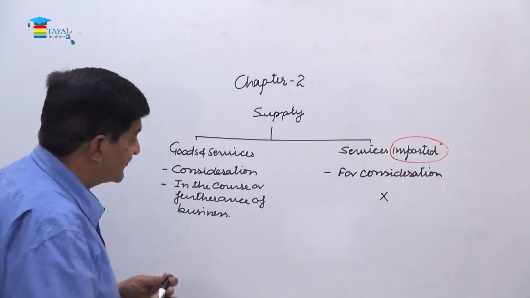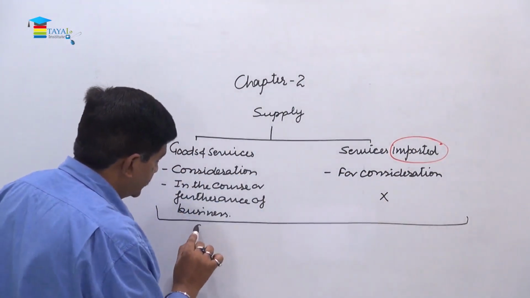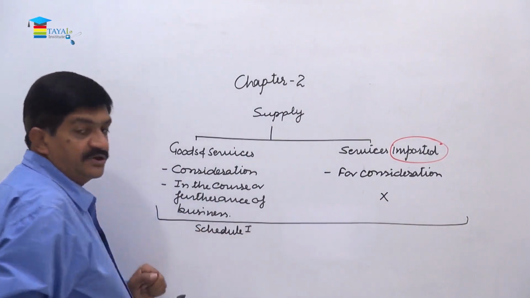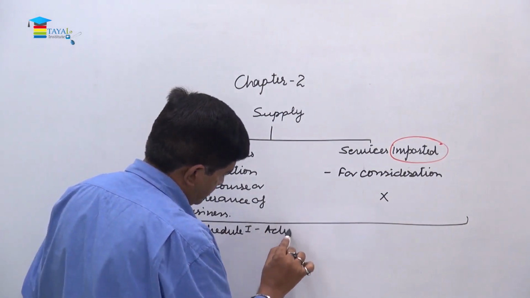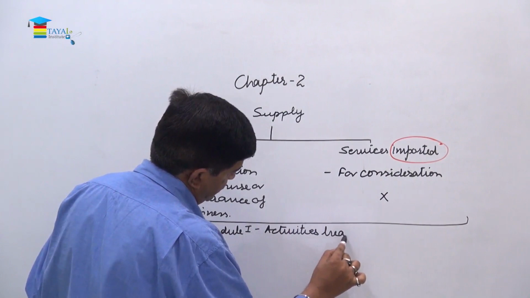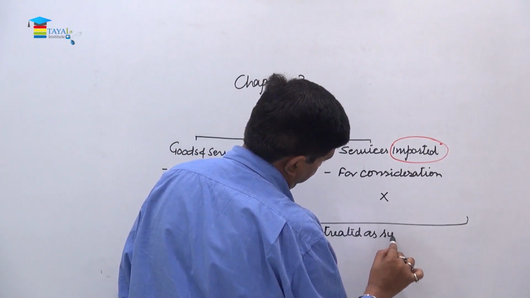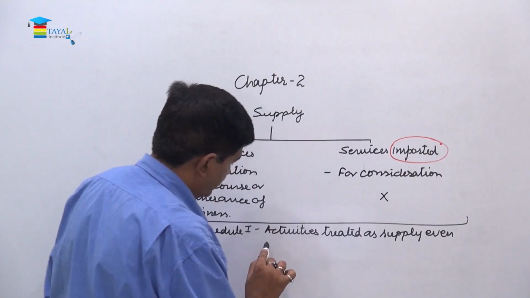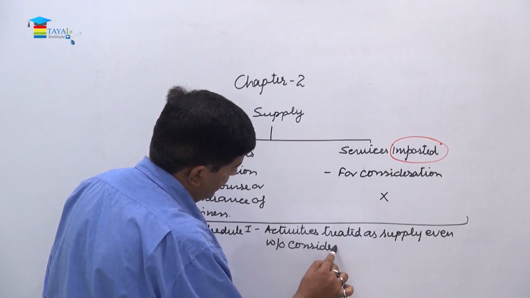But these provisions are subject to Schedule 1 to the CGST Act. Schedule 1 is referring to the activities treated as supply even without consideration.